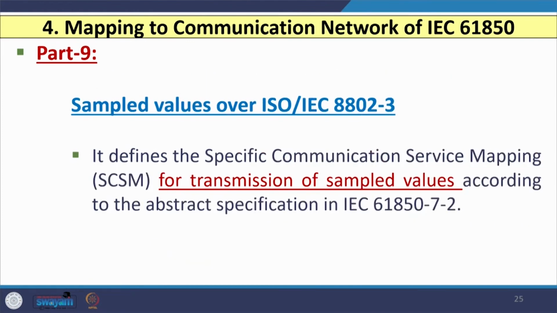Further, the sampled values over ISO/IEC 8802-3. In this they have specified the specific communication service mapping, that is SCSM, for transmission of sampled values according to the abstract specification as per the IEC 61850-7-2 standard, that is also mentioned in part 9.